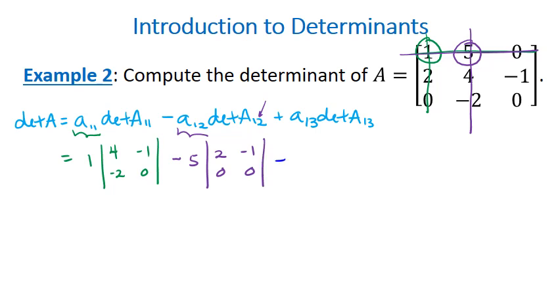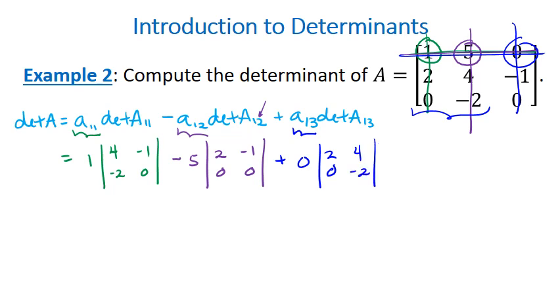And then finally, entry A13, which is 0, times the remaining matrix when you omit row 1, column 3, is this matrix here. Now, I don't have to do anything with this final matrix because anything times 0 is 0, so that's nice.